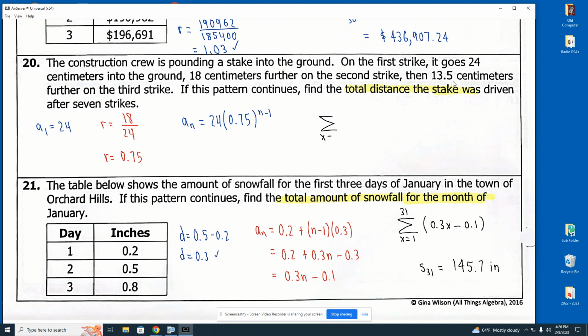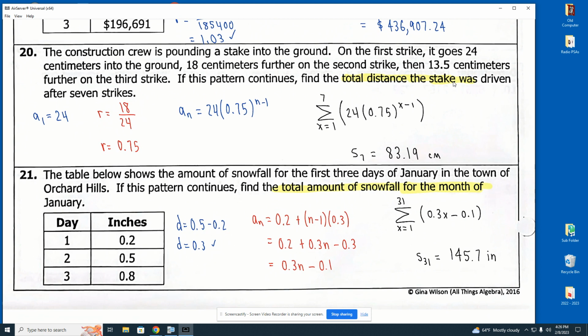And we're going to do from the first all the way through the 7th strike for this geometric sequence, 24 times 0.75 raised to the x minus 1 power. So you type that in, and it will find what we call S sub 7, the sum through the 7th term. And if you type that in, that equals 83.19 centimeters.